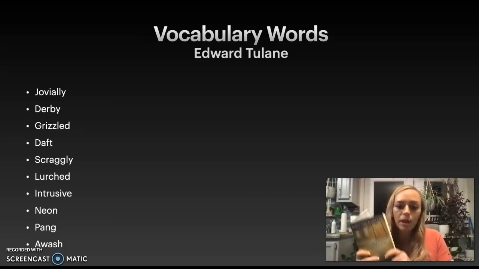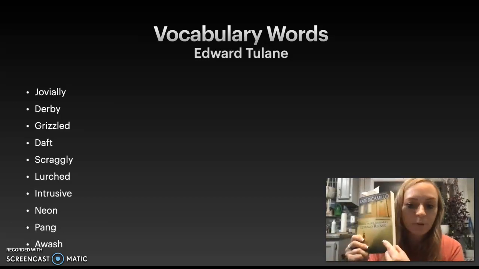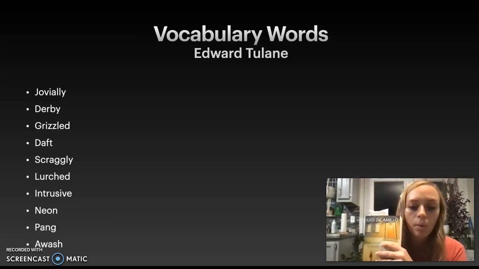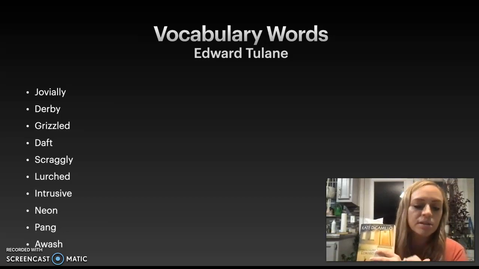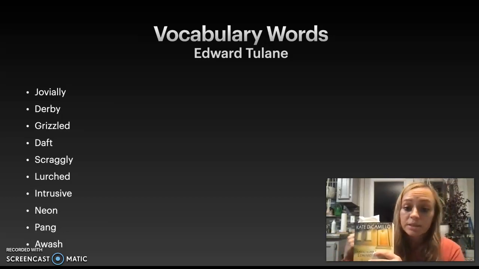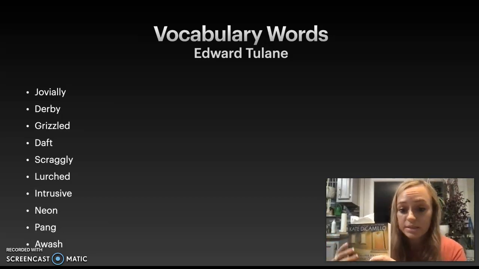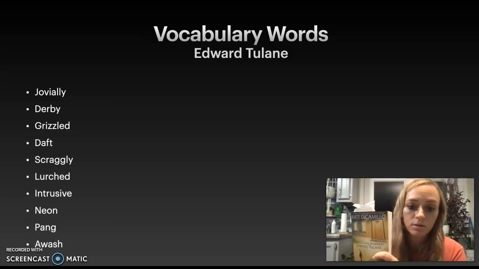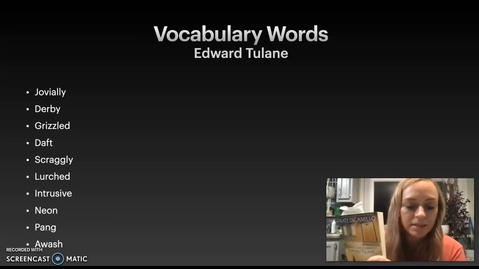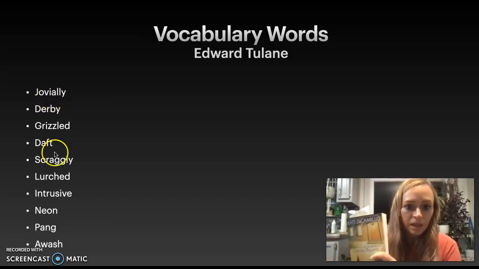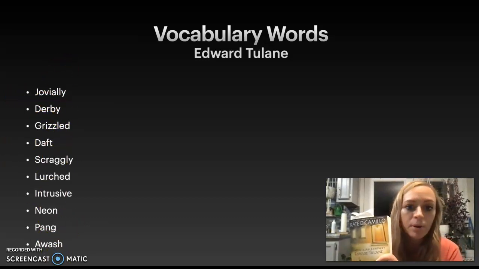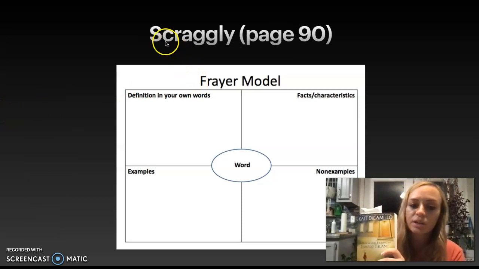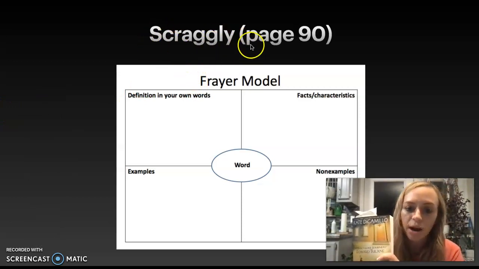These were some vocabulary words that are in this book. I have come up with a list of vocabulary words that some students would want to look further into because they may not know the definition and what that word means. Here are a few vocabulary words, but we are going to look specifically at the word scraggly.